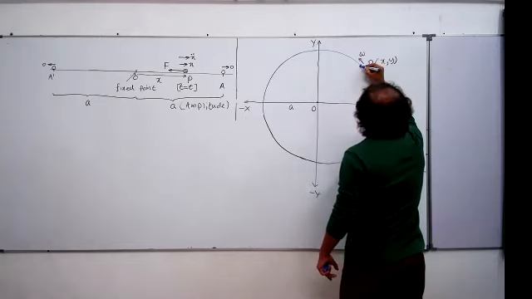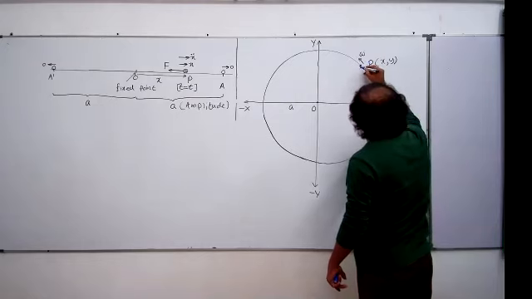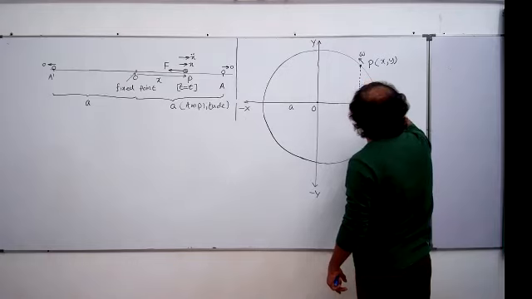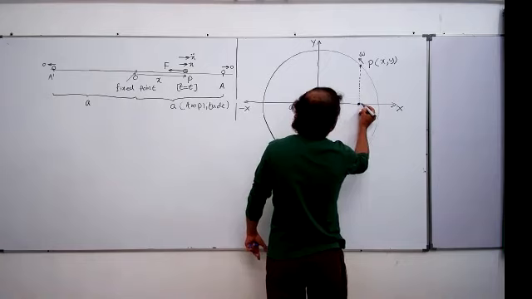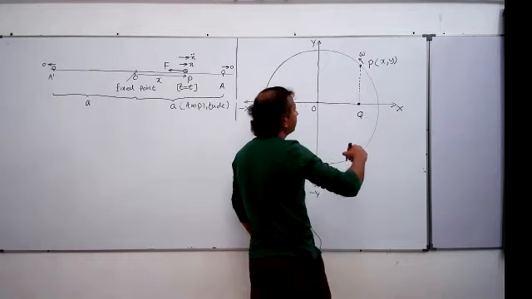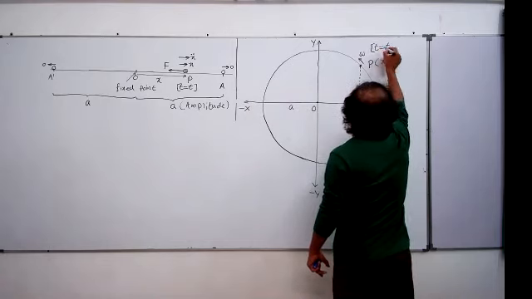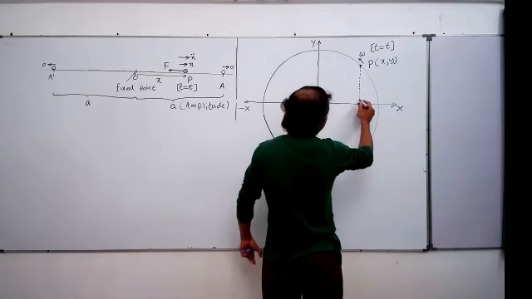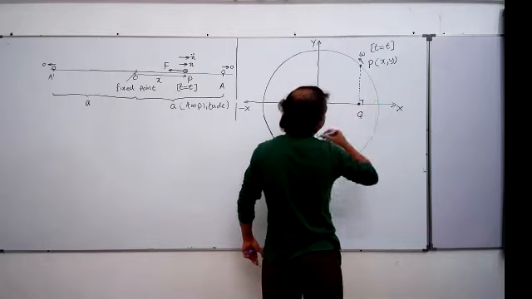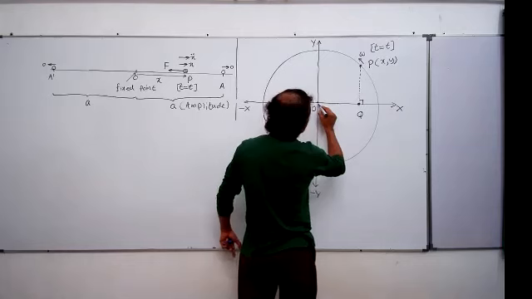From this point P, I drop a perpendicular to the x-axis like this. I'll take this perpendicular foot as Q. Suppose this is the time t after starting the motion of the point P. Here this is 90 degrees. So the distance from O to this Q is x.